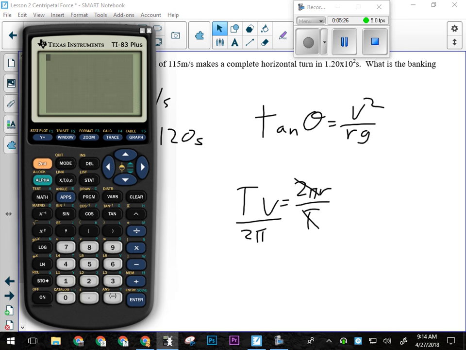So we'll have 120 times 115 divided by 2 pi. All right, so now we have our radius just under 2,200 meters. So now we can use that in the tan of theta formula.